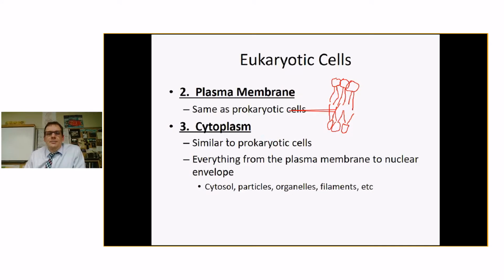The cytoplasm, again, similar to prokaryotic cells, is a region, right? And it is a region that in eukaryotes is defined as everything from the plasma membrane to the nuclear envelope. And we're going to talk about the nuclear envelope. Basically, it's everything from the plasma membrane to the inside where the nucleus of the cell is.